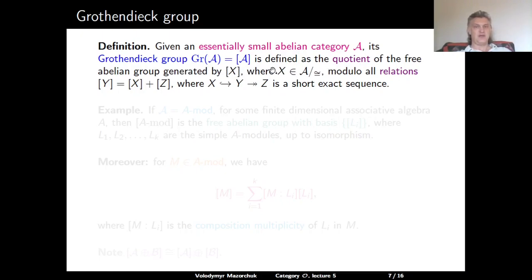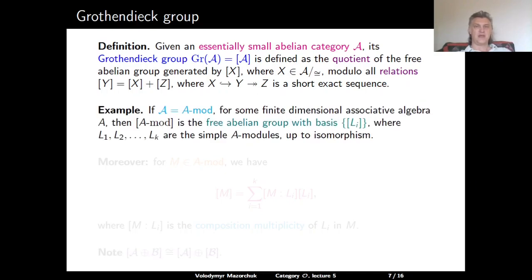So we take the free abelian group generated by such isomorphism classes and factor out all relations of the form the class of Y is equal to the class of X plus the class of Z for any short exact sequence, where X is a submodule of Y and Z is the corresponding quotient.